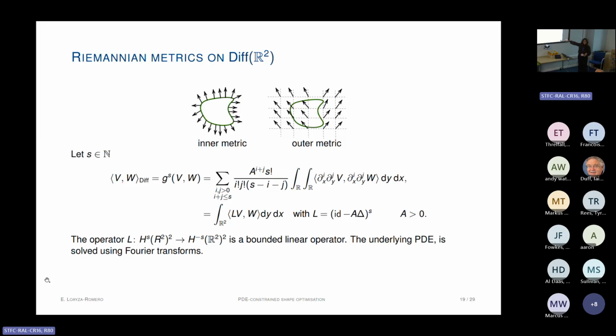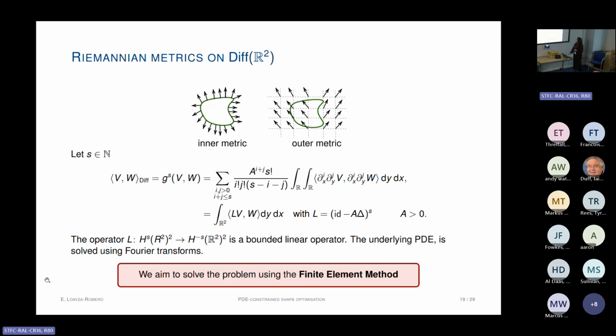They use exactly this one, but that's a different problem, because basically you have a boundary value problem, while we have an initial value problem. For image registration, you have a target and a template that you want to match. In the case of shape optimization, you know where you are, you know your descent direction, and you want to run geodesics along that. That is why it's the initial value problem there.